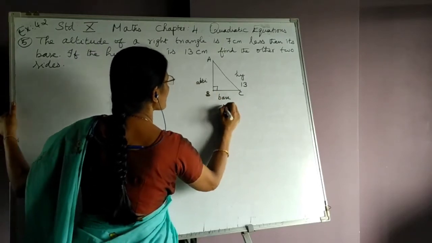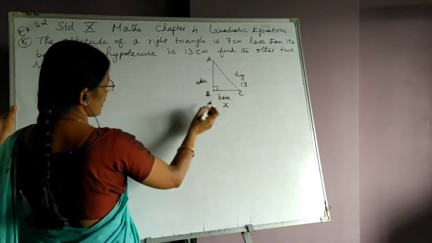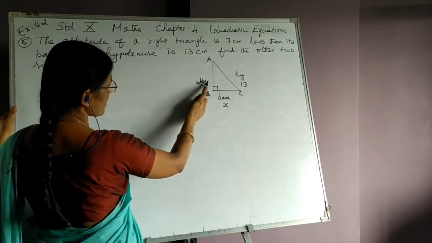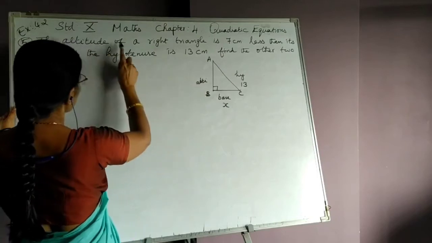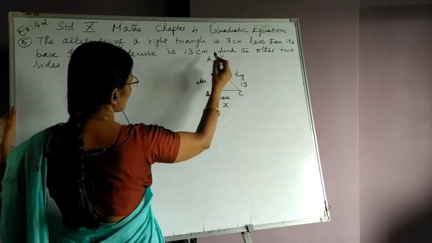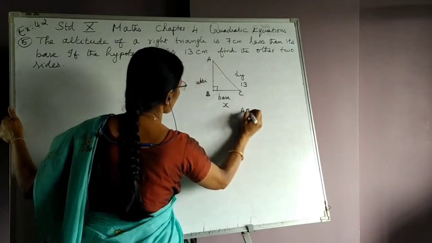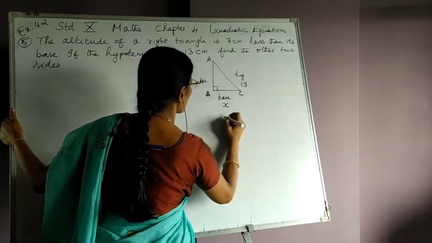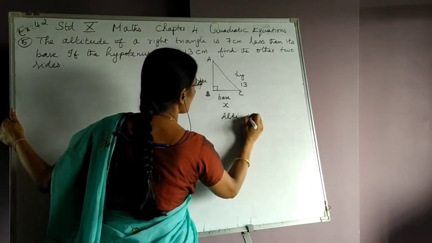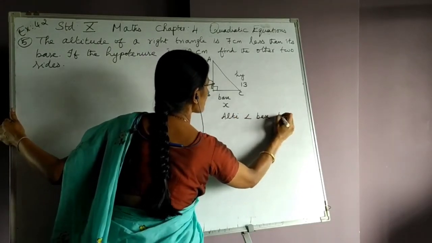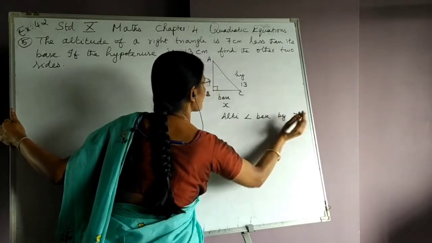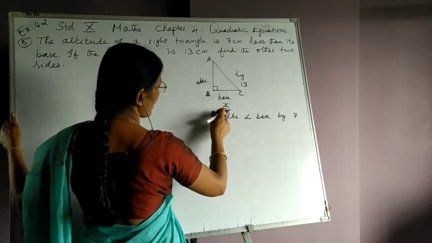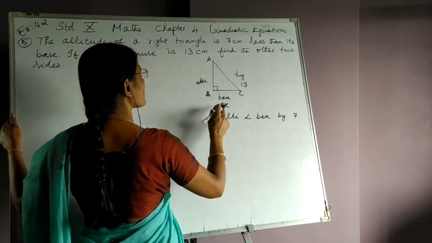I take base as x, so base length I have taken as x. What is the relation given between the length of base and length of the altitude? The altitude of the right triangle, which is the altitude AB, is 7 less than the base. Less than the base by how much? By 7. So base is x and altitude is less than that by 7.